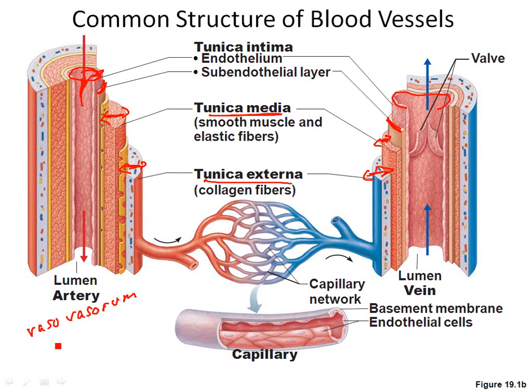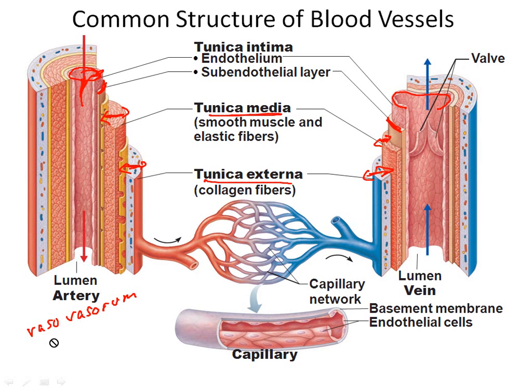That literally translates to vessels of the vessels. So they have to have their own blood vessels to supply that outer tunica adventitia or externa, and then they sometimes go down into the tunica media if it's a really large vessel. So just know that vasa vasorum is found in the larger blood vessels, and that's its own blood vessel supply.